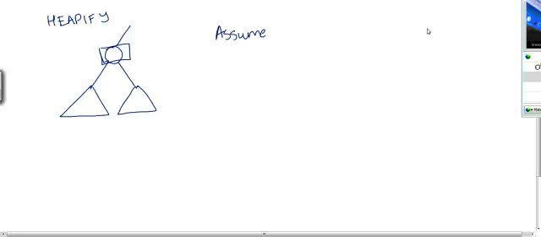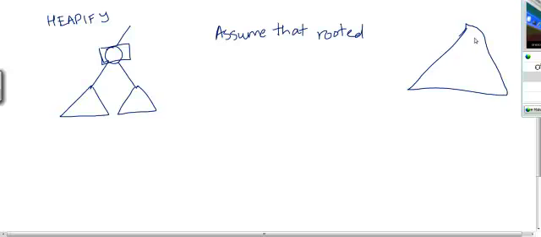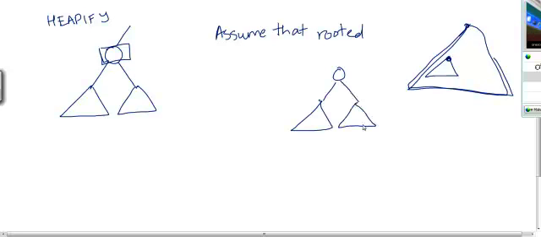By the way, this is something that should be obvious, but if it's not, let me state it clearly. If you take a heap and if you focus on any subtree in that heap, that itself is a heap. Okay, so when you take any heap, let's say this is the root of the heap, and this is the left subtree and the right subtree.